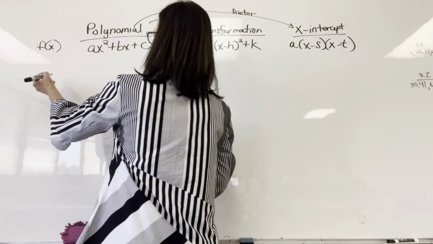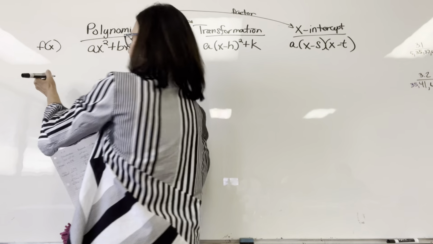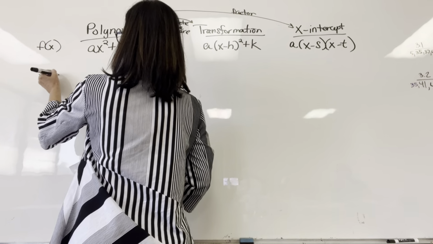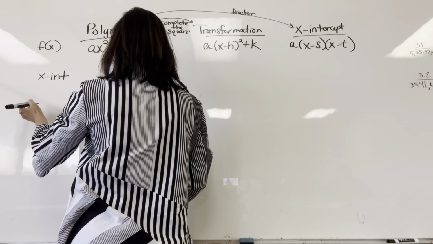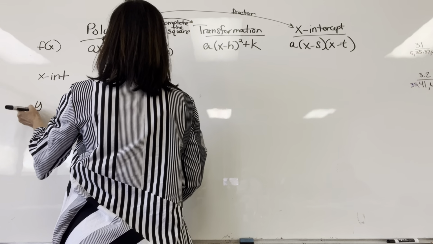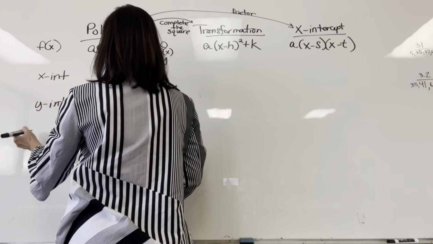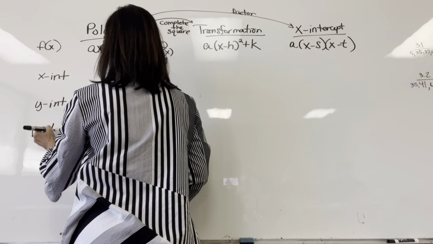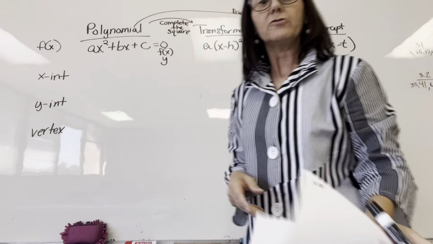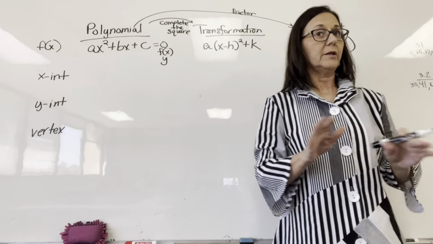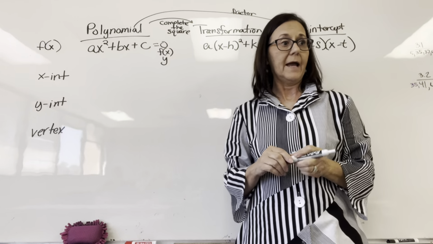We need to know the x-intercepts. I'm going to do the y-intercepts next. And then we need to know what the vertex is. If we have those 3 points, we can graph any quadratic, all right?